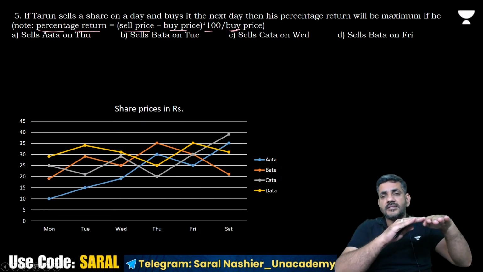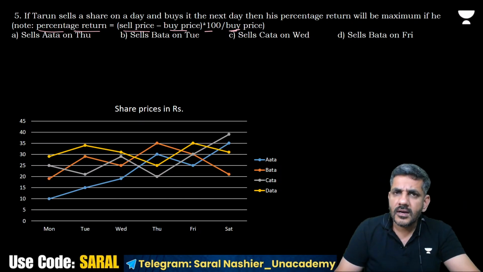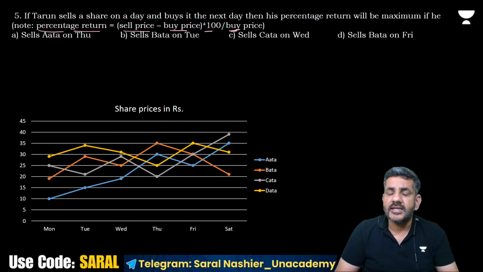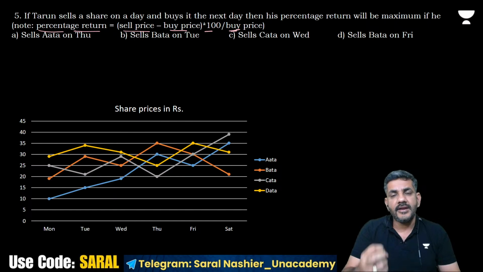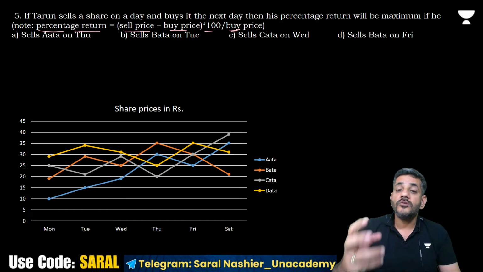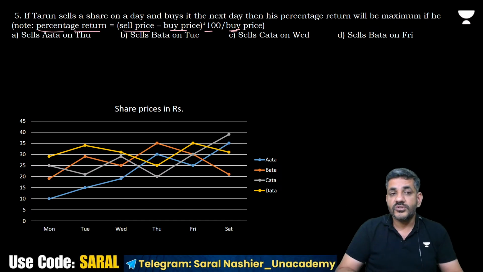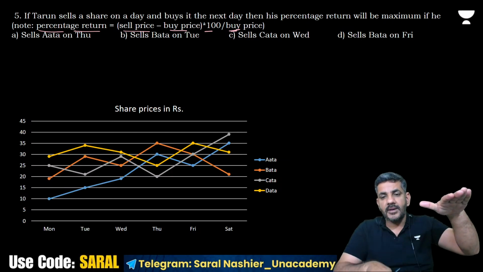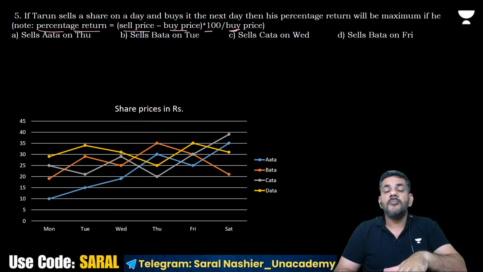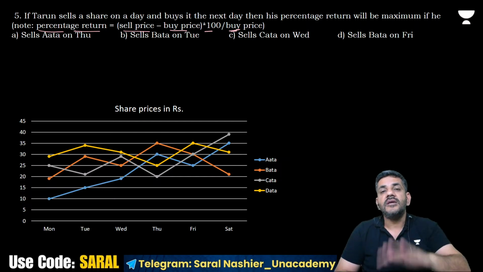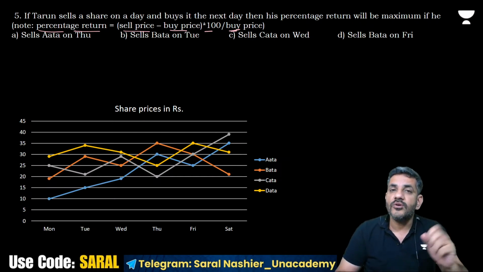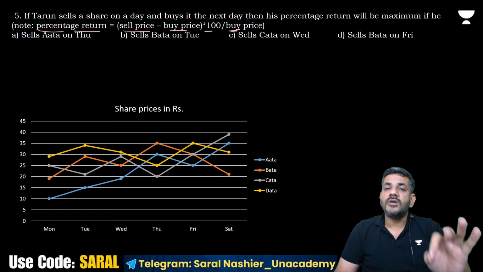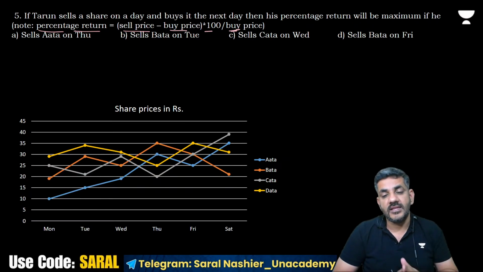In day-to-day life also, you want to make profit, you want to purchase the items at a smaller price, you want to sell them at a higher price. So selling price should be higher and buying price should be smaller, such that selling minus buying becomes positive, such that you have a profit. He says you have to calculate it on the buying price to find the percentage.